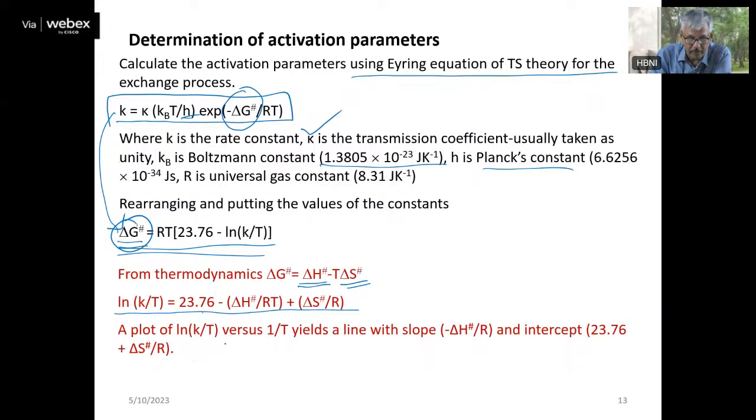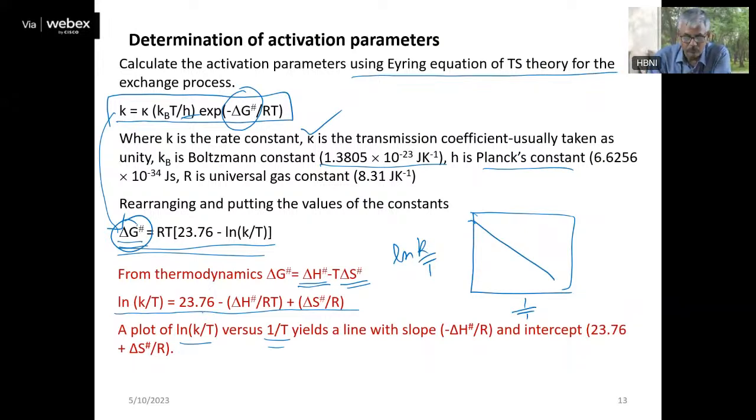And if you plot ln K by T versus 1 by T, you will see a plot with negative slope that will give you delta H dagger by R, and the intercept is 23.76 plus delta S dagger by R. So this is a standard thing.